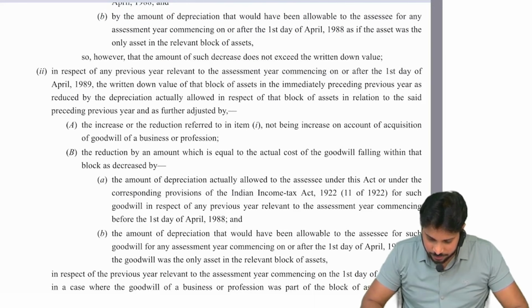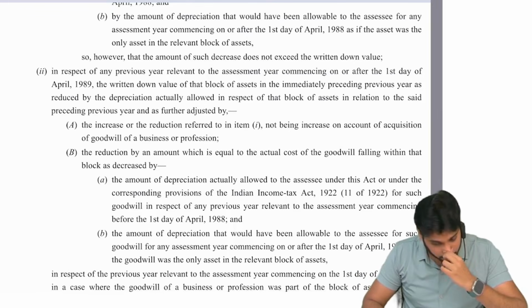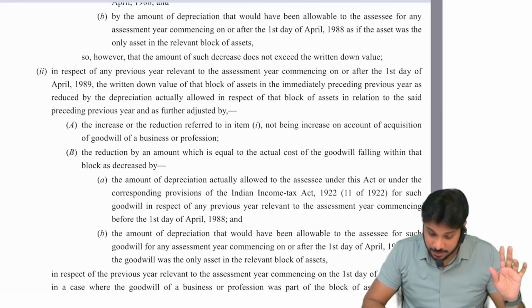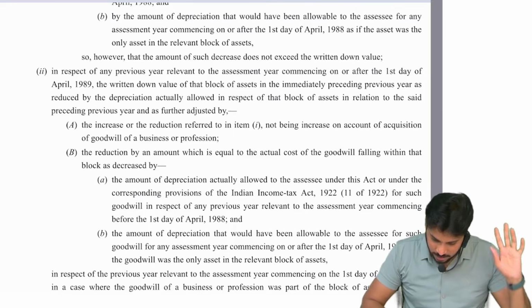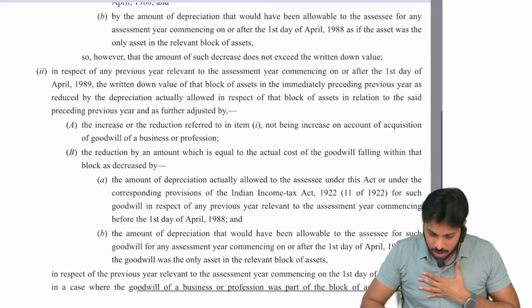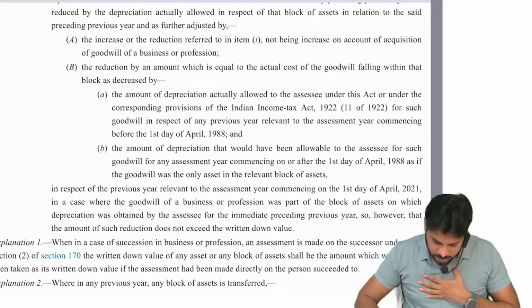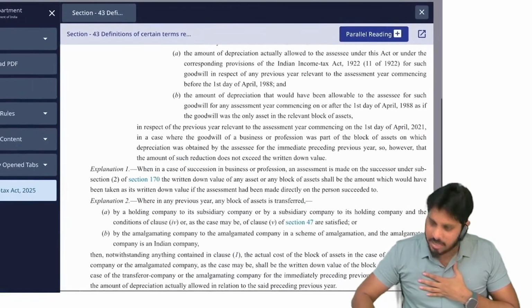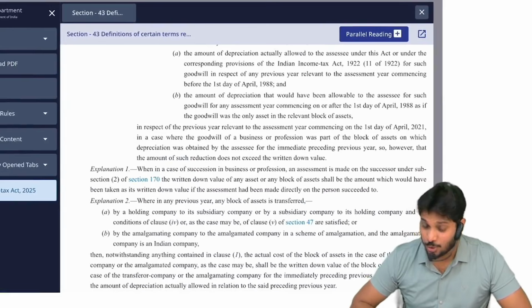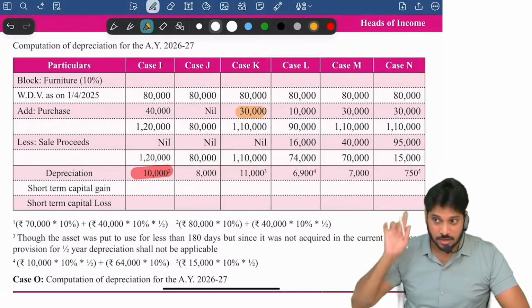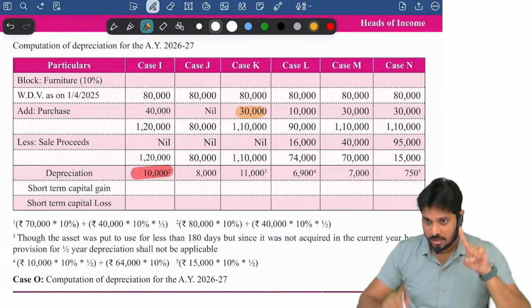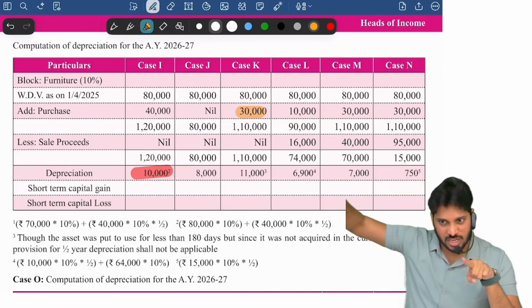In respect of any year relevant on or after 1st April 1989, the written down value of the block of assets in the immediately preceding year, as reduced by depreciation actually allowed in that block in the said year and adjusted by increase or reduction referred to in item number 1, not being increased on account of acquisition. That's okay, fine. And any reduction of amount equal to goodwill, that's okay, fine. Correct only. Our interpretation is absolutely correct. So whether it is used or not, here you see, asset acquired, that's enough. Usage does not matter to add in the block.